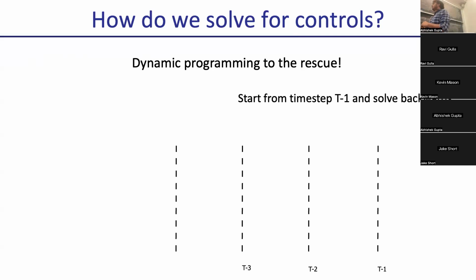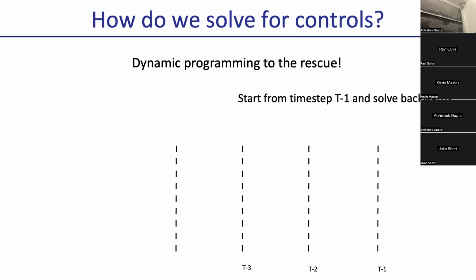Schematically, what this suggests is that we start by considering a problem where you have one time step to go. It's like a horizon 1 problem. You are somewhere in the world and you have one time step. What would you do? That's the last time step. Then you find the solution to that, and we reuse it in a problem where we have 2 time steps.